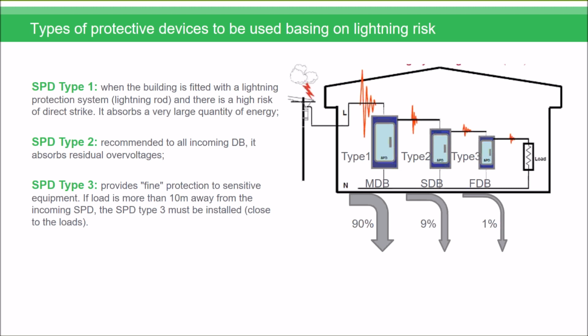You then move down to type 2, which is recommended to be used at the incoming point of the distribution board, and it absorbs residual overvoltages at that level. And then when you move down to the type 3 device, this is what provides fine protection to sensitive equipment.